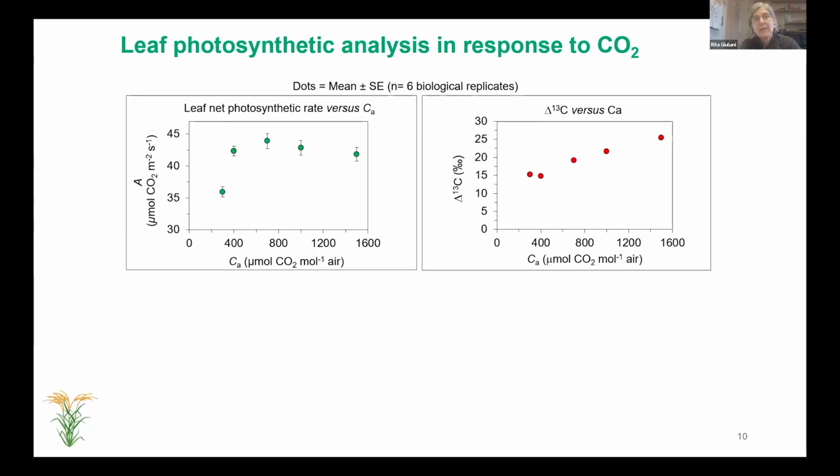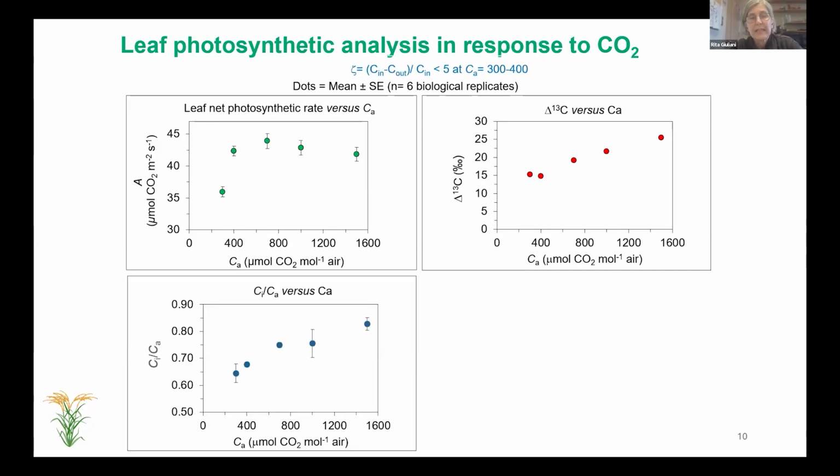And we have the leaf 13C discrimination for this data, with an increasing trend with the atmospheric CO2 level. We have the intercellular to atmospheric CO2 concentration plotted versus the atmospheric CO2 concentration, and there is an increasing trend, which explains the increasing trend we have in the plot on the top right for the 13C discrimination versus Ci over Ca.